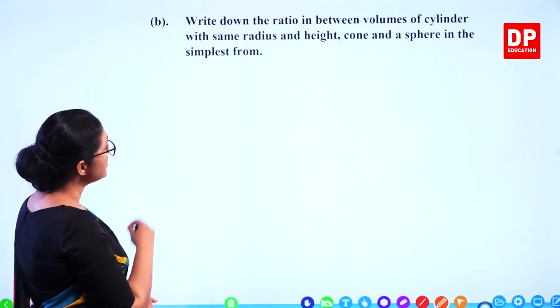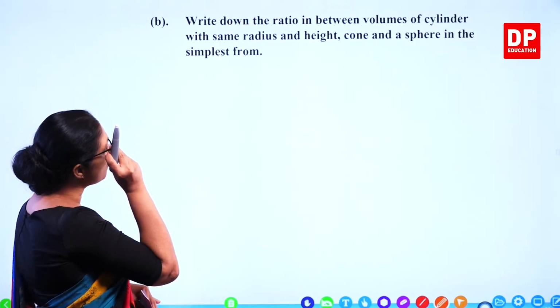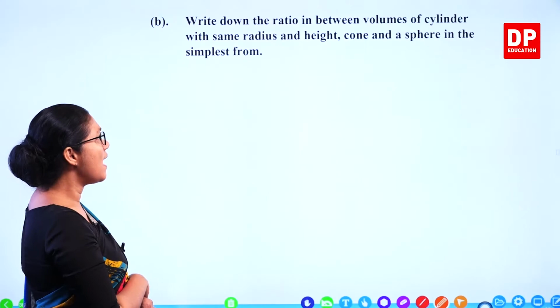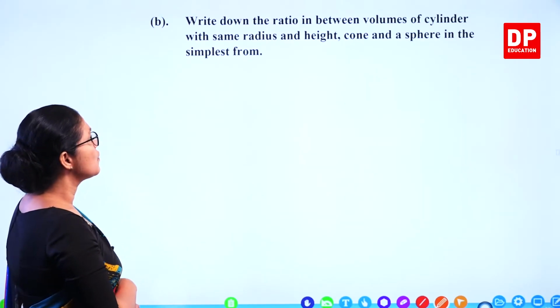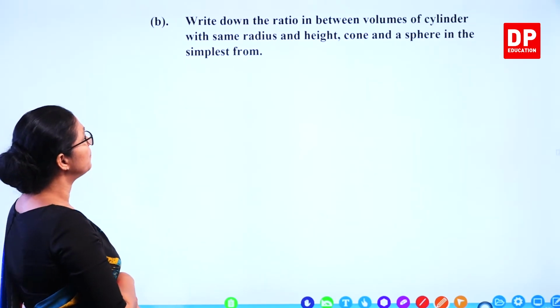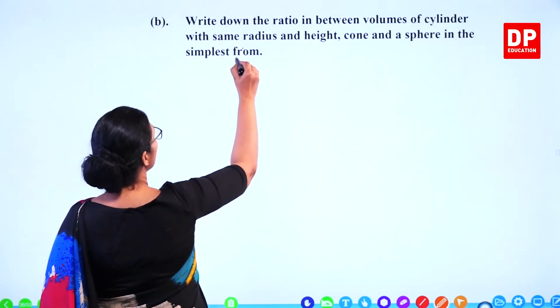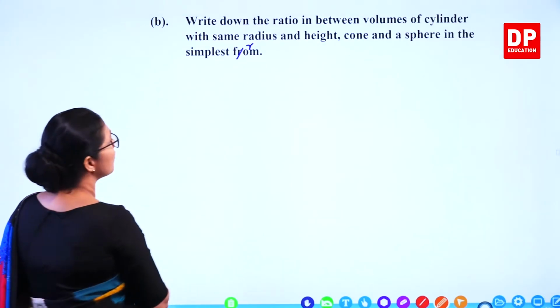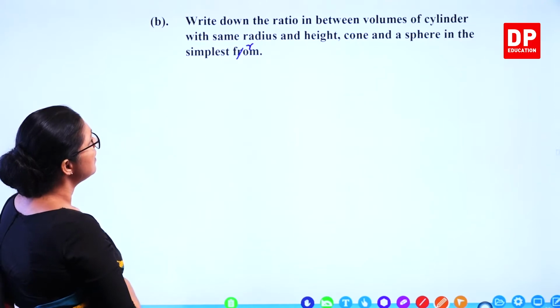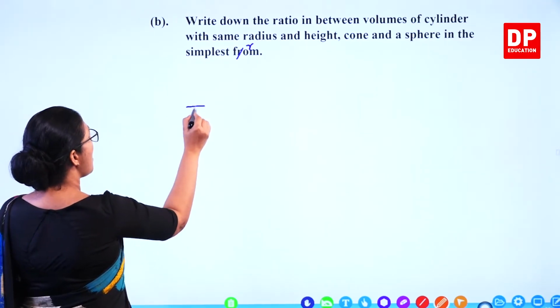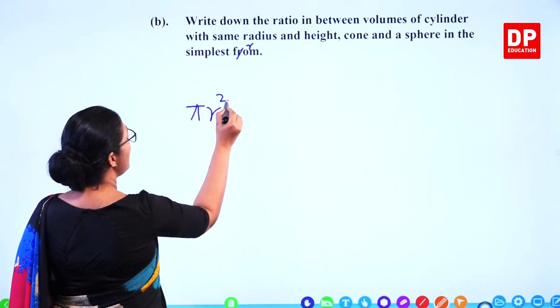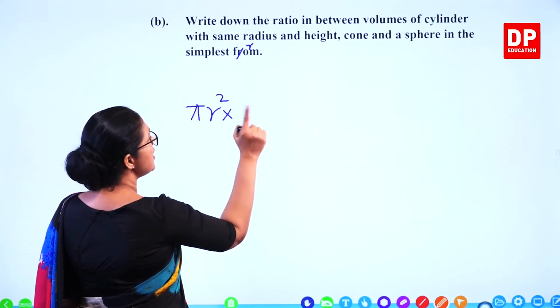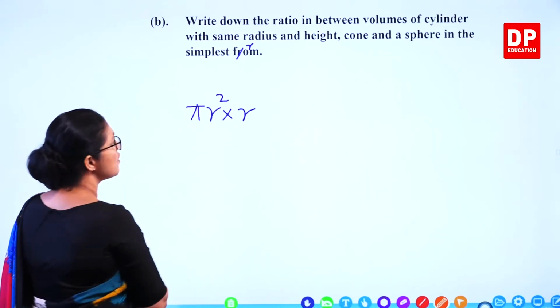Part B. Write down the ratio between the volumes of a cylinder with the same radius and height, a cone, and a sphere in the simplest form. What's the volume of the cylinder? Pi r squared h. Same radius and height, so I can put r instead of h.